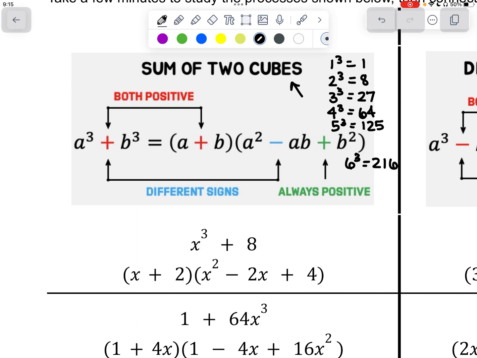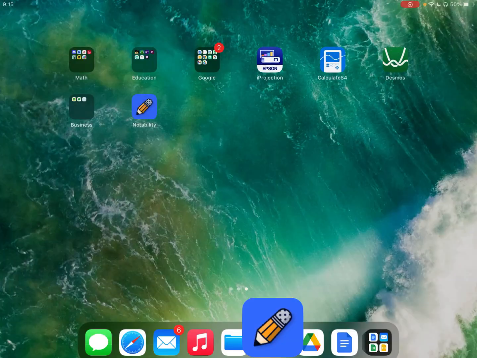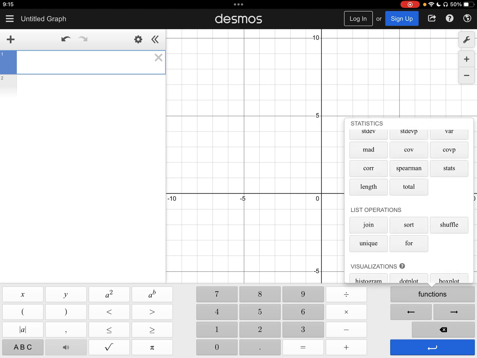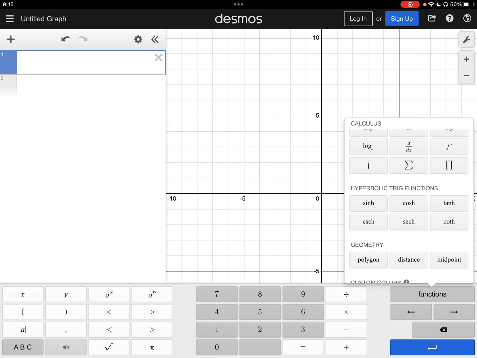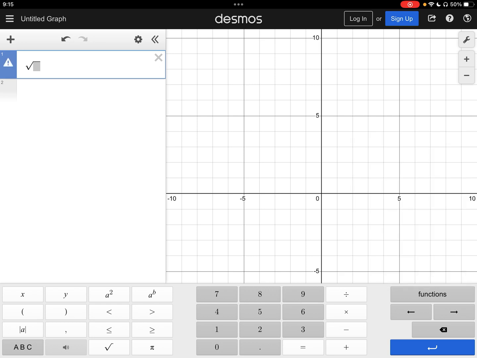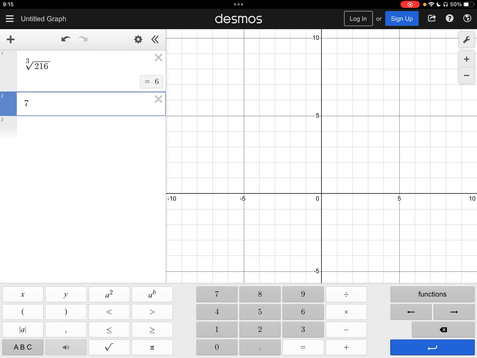If you're not sure if a number is a perfect cube, I'm going to go check 216. You can go to your Desmos and go to functions and you see a cube root or an any root right there. We just want the cube root, and we can check the cube root of 216 is 6. 7 cubed would be 343.